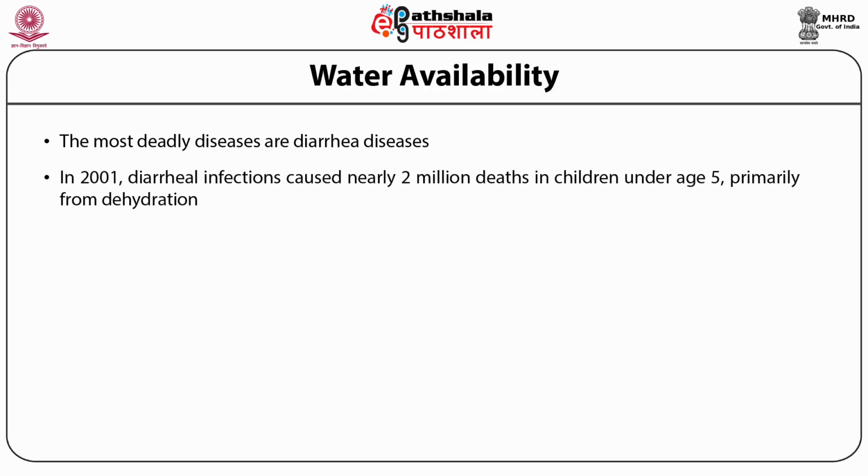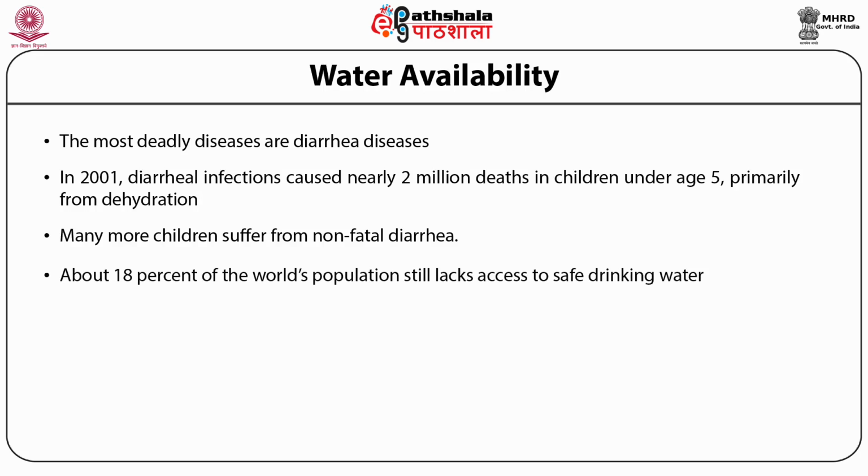In 2001, diarrheal infections caused nearly 2 million deaths in children under age 5, primarily from dehydration. Many more children suffer from non-fatal diarrhea. This causes children to be underweight, physically stunted, vulnerable to disease, and drained of energy.